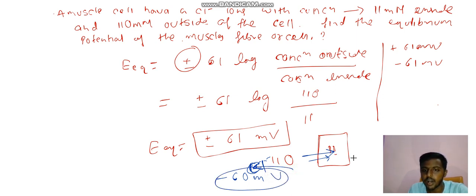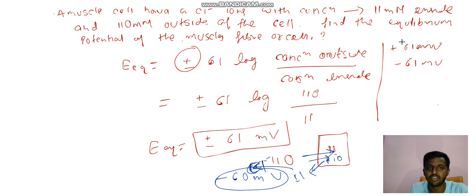If this is opposite, say if 110 is the inside concentration and outside is 11, then the net movement will be outside, so inside will be positive. So negative charge moving outside, so it will be positive.